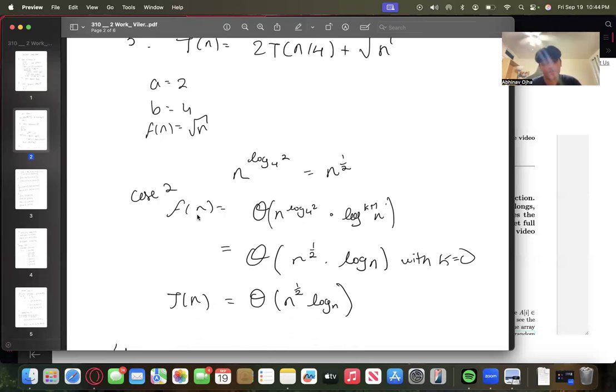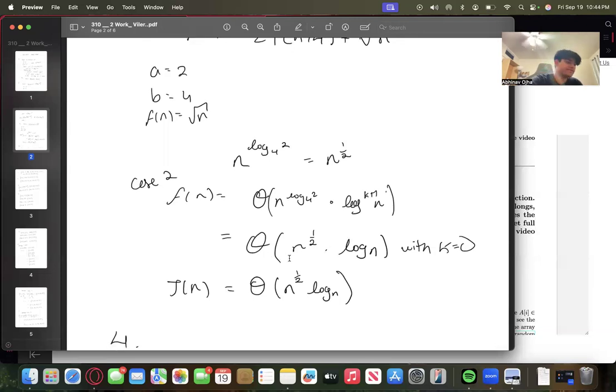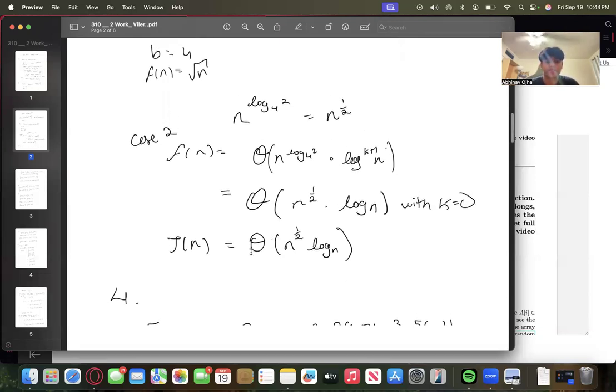It's case 2, so we can figure out that it's theta of n to the half times log to the k plus 1 of n, and we know that k has to be 0 in this case. So actually, the big theta is n to the power of 1 over 2 times log n.